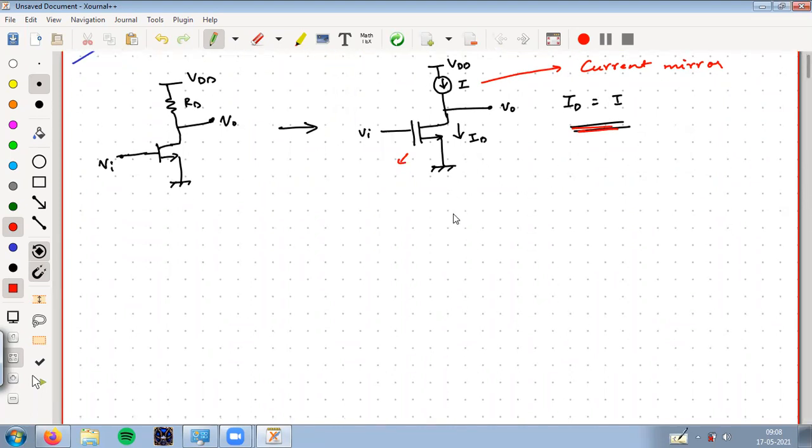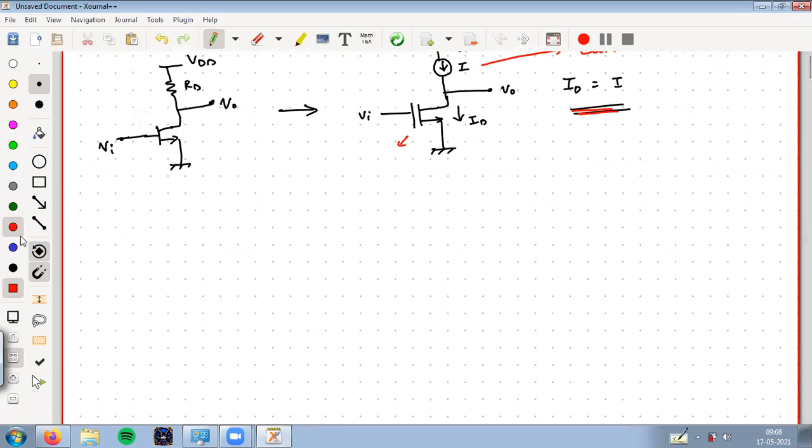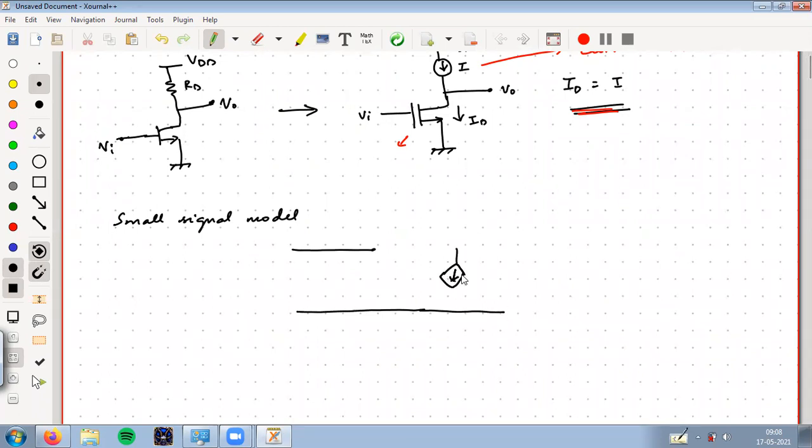So when I draw the small signal model of this, it was actually very simple. I have it like this. This is my voltage dependent current source, so this is gm into VGS.